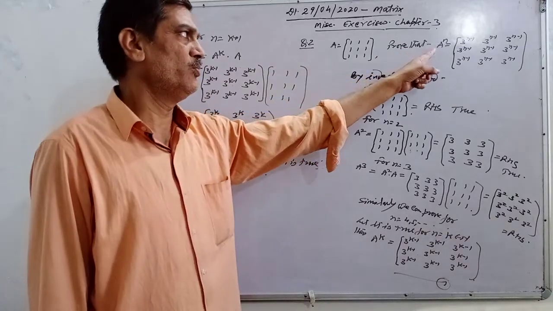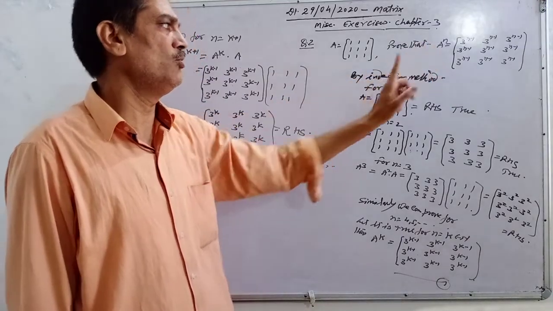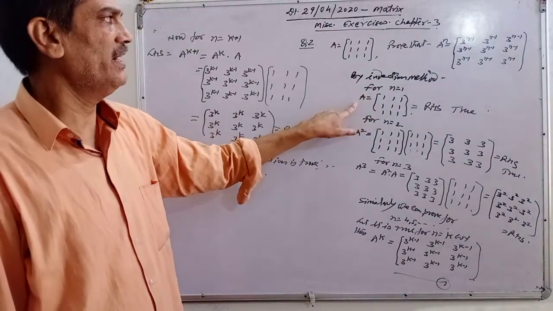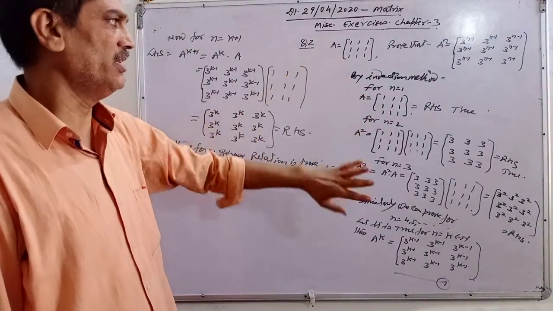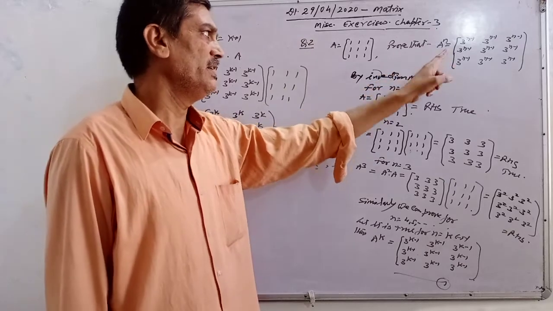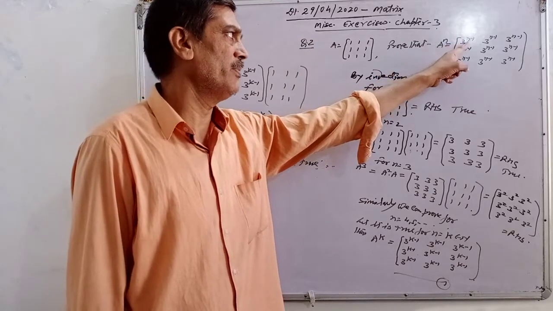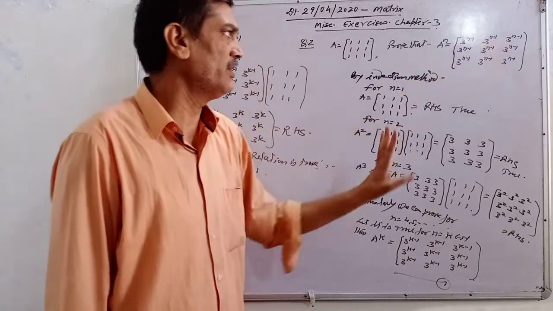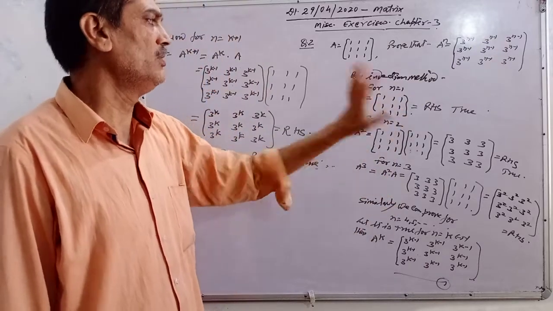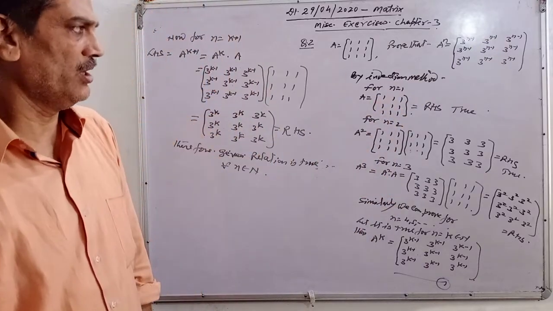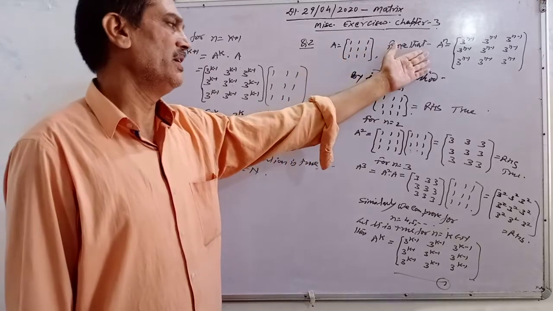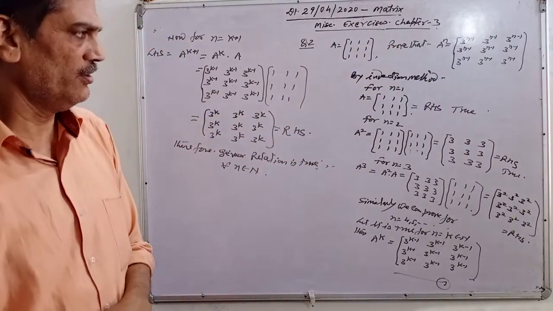When you put n is equal to 1 on the left side, you get A, and A is this matrix. On the right side, when you put n is equal to 1, you will get 3 power 0, 0, 0, 0, that is the same, means left is equal to right. So the relation is true for n is equal to 1.